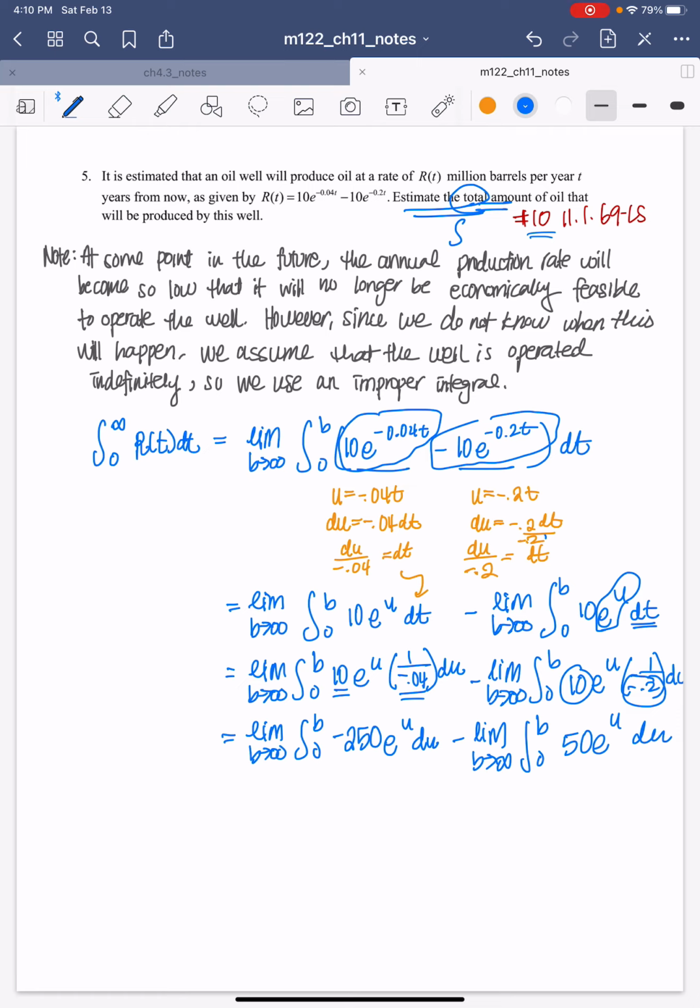Plug in back. Now e to the u, that's an easy one to integrate. That's just e to the u.